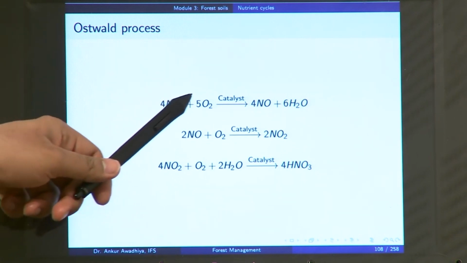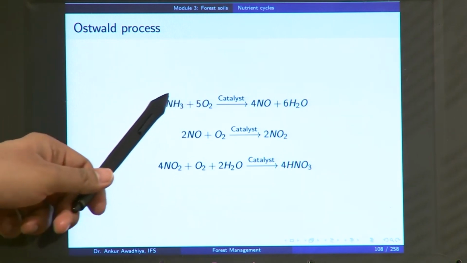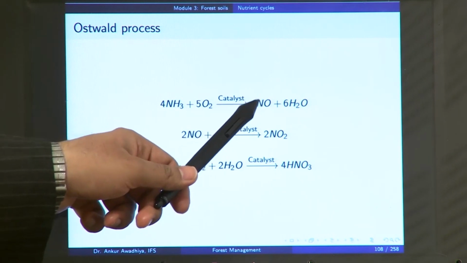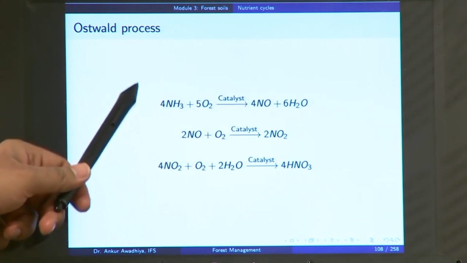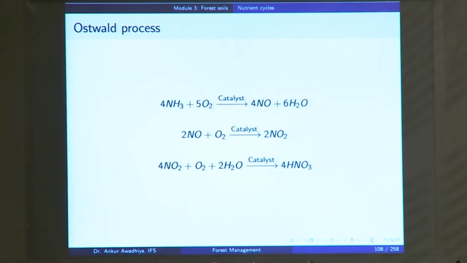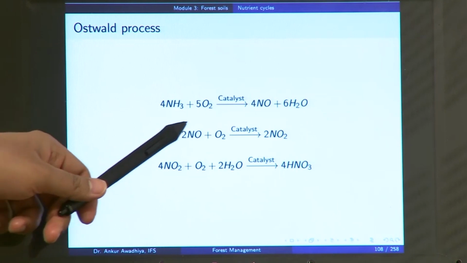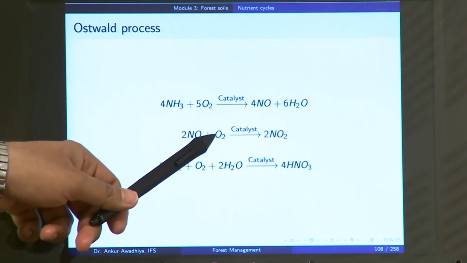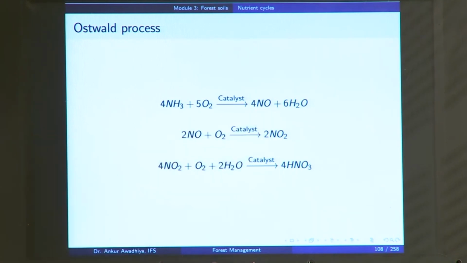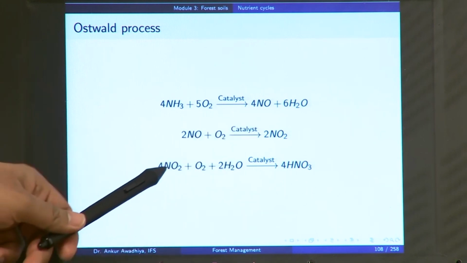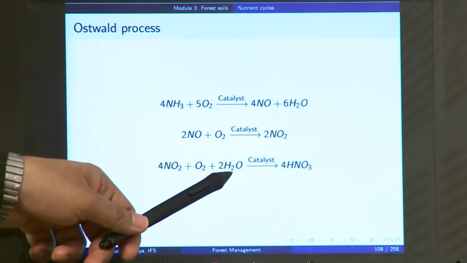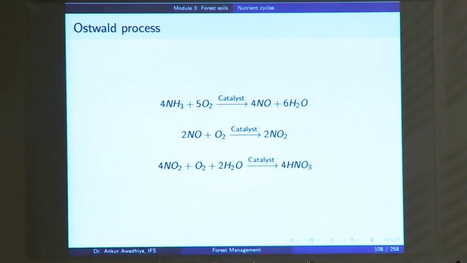You have ammonia, you have oxygen, both of these react in the presence of a catalyst to form NO. So, again, what we are doing is the oxidation of ammonia in an artificial environment. This NO in turn reacts with more oxygen to create NO2, which in turn reacts with more oxygen and water in the presence of a catalyst to create nitric acid.